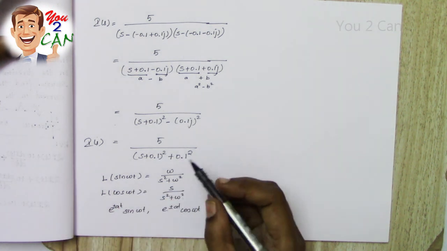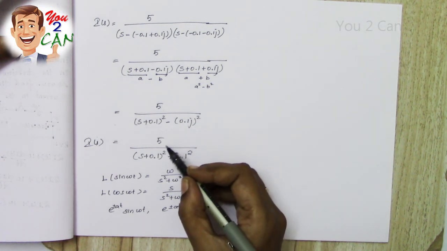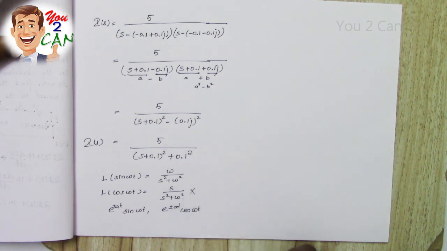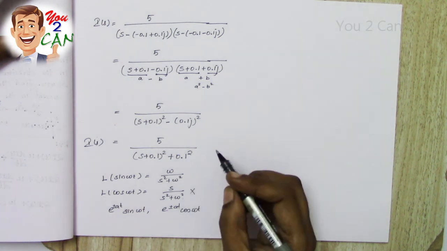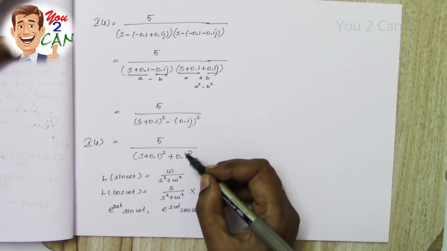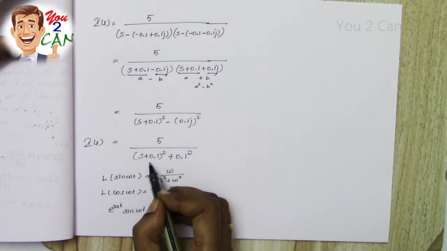Now in the numerator there is no s. If there is no s here, then cos omega t will not be the option. So it is only sin omega t. So it is similar to this formula, but instead of s here we have s plus 0.1.